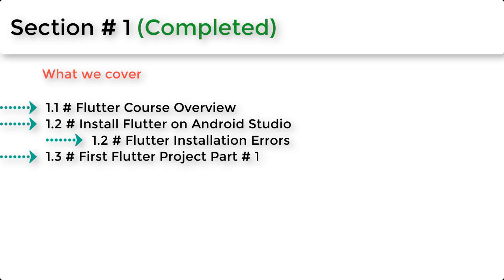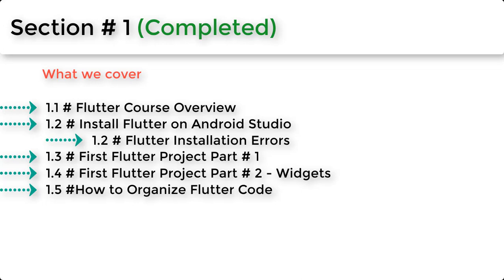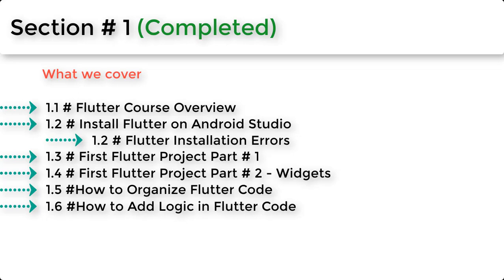In it, we learned how to create a Flutter project, what the structure of Flutter is, how Flutter works, and how main and runApp work, basically how our application runs. Then we covered the basic and very useful widgets, which are the text widget, scaffold, material app bar, and center. Then we learned how to create classes, how to organize our code, and at the last we also learned how to add some logic inside our application.